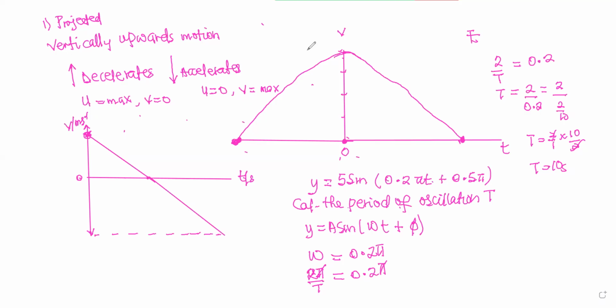So another question. A particle executing SHM has an acceleration of 64 centimeter per second squared when its displacement is 4 centimeter.